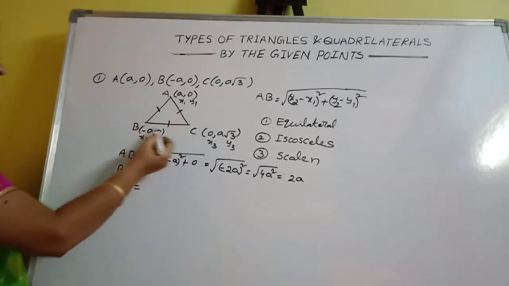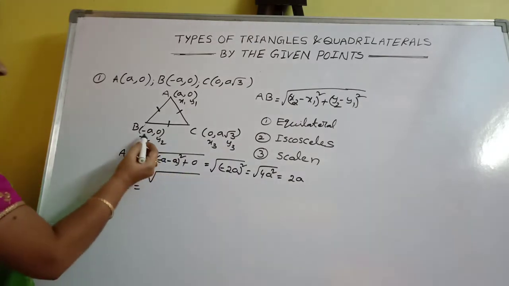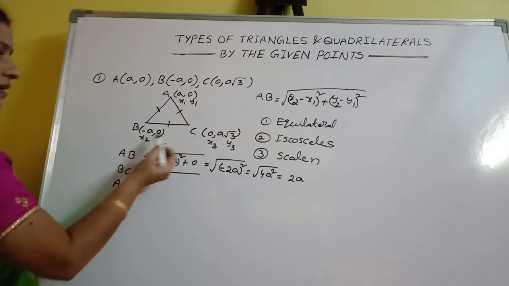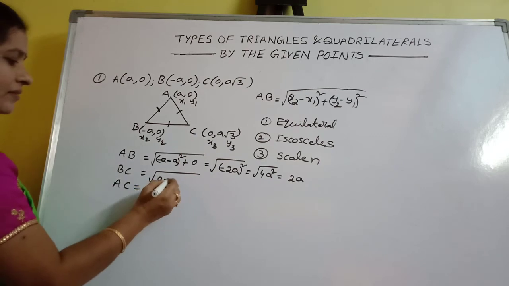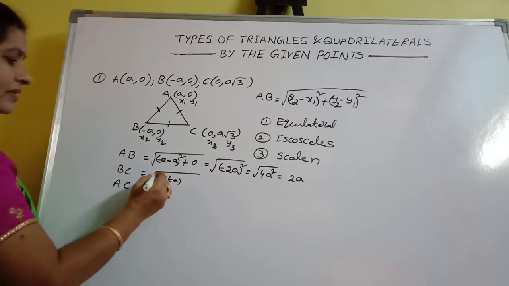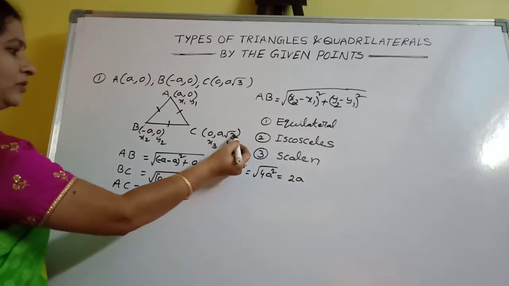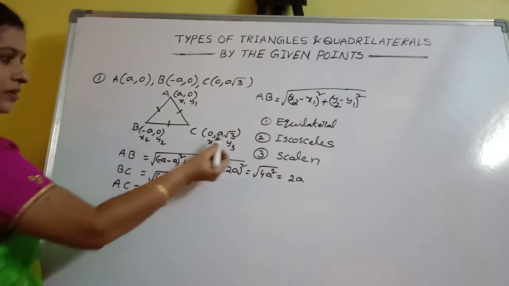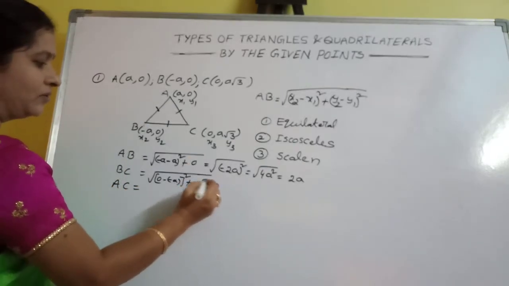Again, find the value of BC like this. Substitute the values: (x2 minus x1) whole square, so (0 minus of minus a) whole square plus (a root 3 minus 0) whole square.